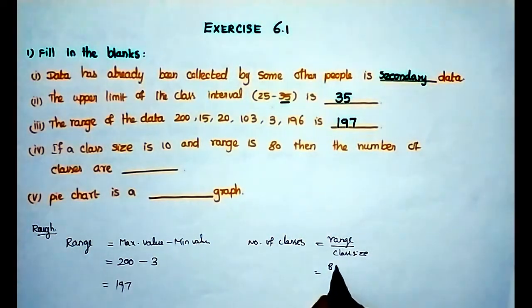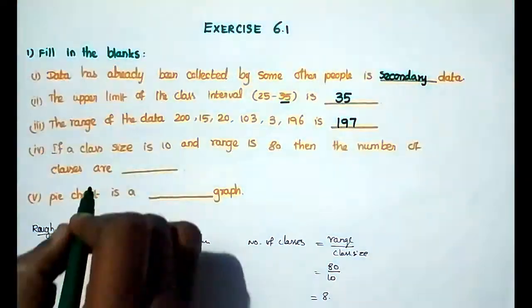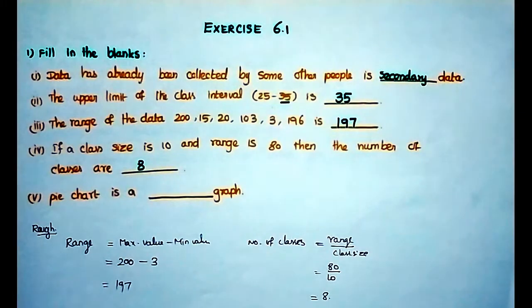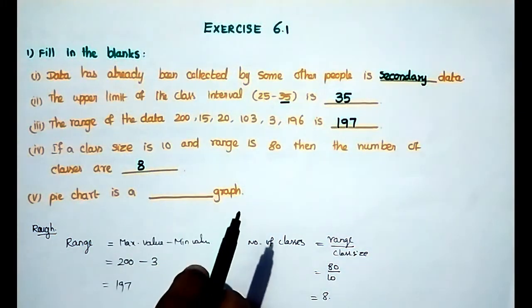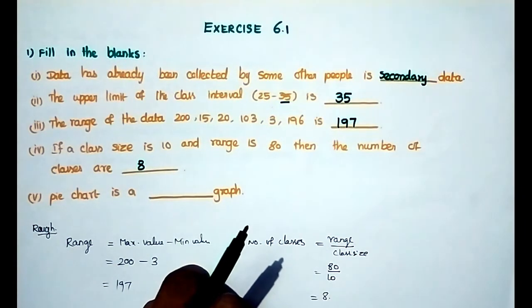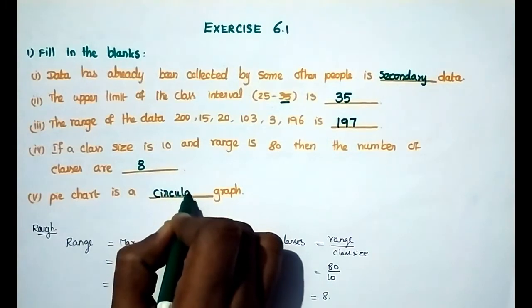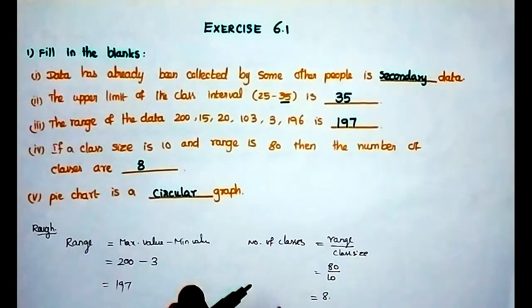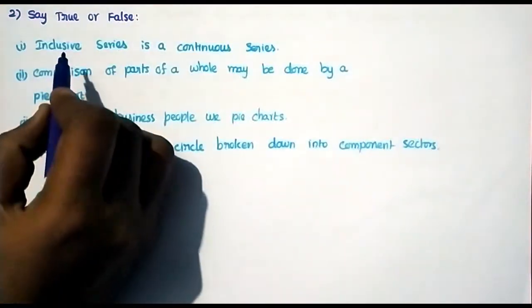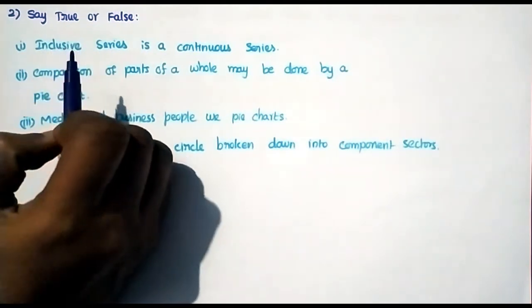So that is 80 divided by 10, 8. So 8 is the answer. Next one, pie chart is a dash graph. Pie chart is a circular graph. That is the answer.